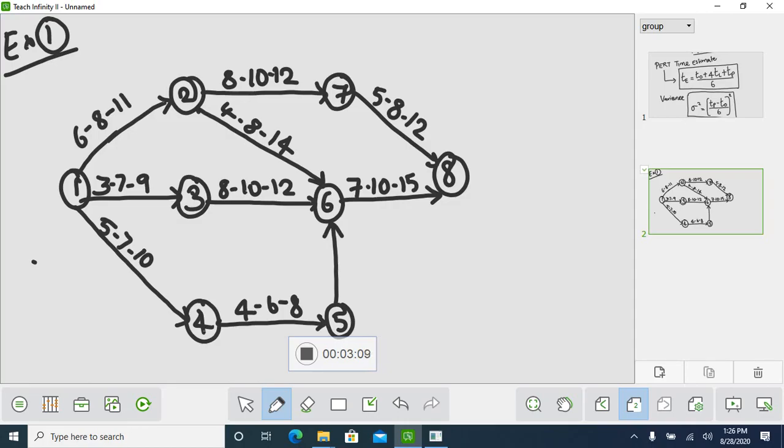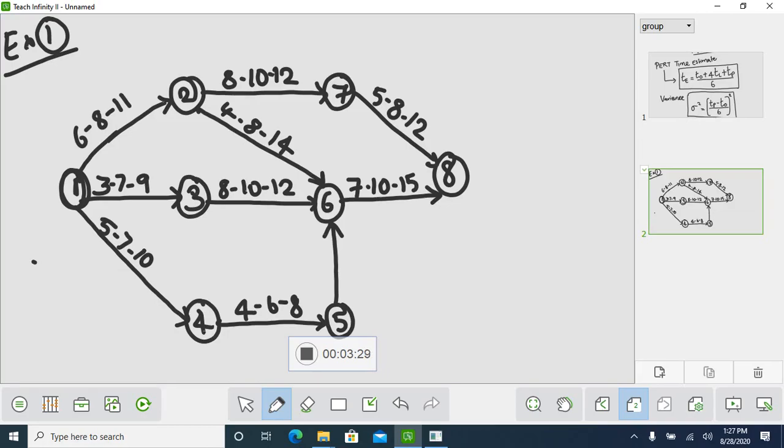We have discussed already, you will always have one head event, that is number one. This is your head event, and we have 8 events in number. Here they have given the activity.